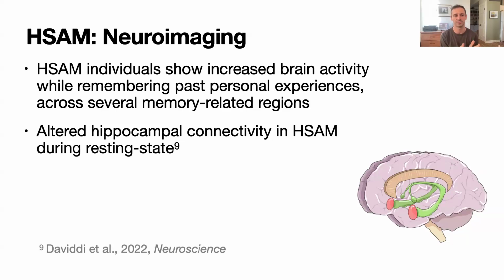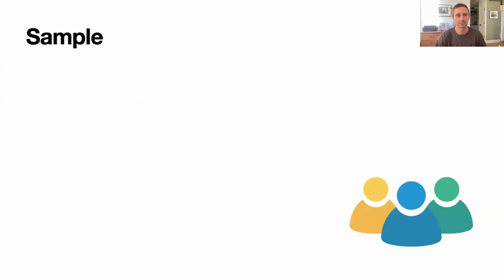So this work is providing some evidence that HSAM have a different sort of neural circuitry than controls, especially when engaged in autobiographical memory tasks. But we wanted to bring our resting state approach and explore more fine-grained details in terms of differences between HSAM and control at rest.